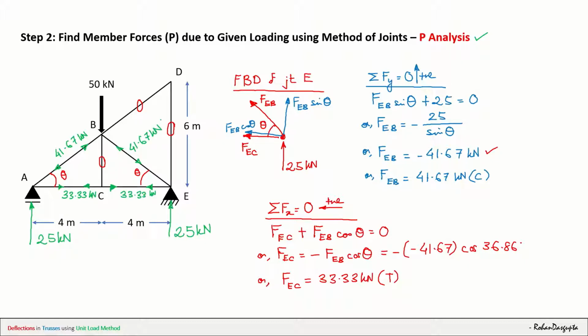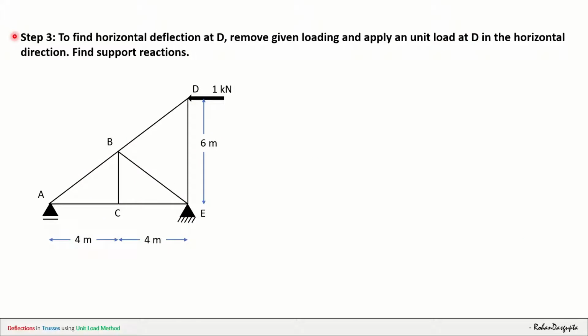All right, so here as you can see, the member forces of all the members of this truss is found out. All right, so now let us see the next step, that is step 3.